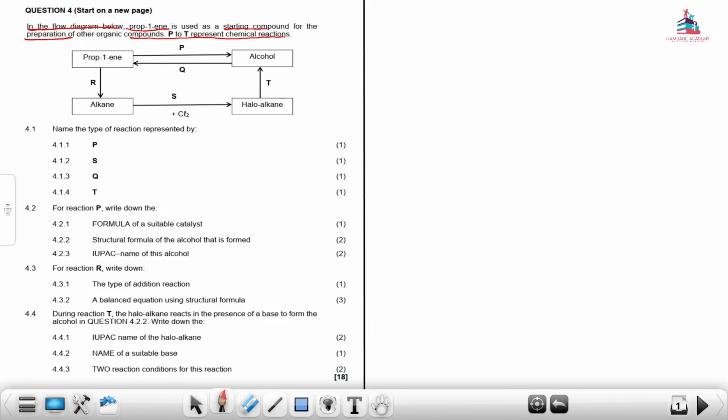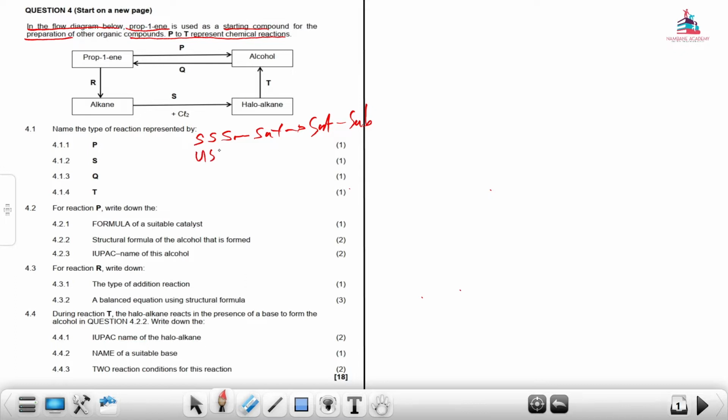So before we can answer, we have an analogy that we use: if I was single and seriously searching, that means now I'm starting from saturated to saturated. That reaction must be substitution.